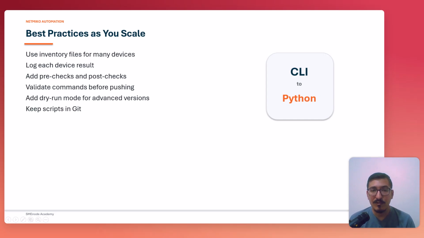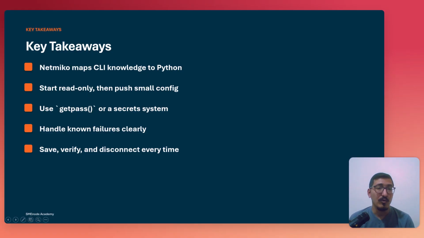Once the one-device version works, don't just paste more device dictionaries into the same file. Move devices into an inventory file, log each result, add pre-checks and post-checks, validate the commands before pushing, and later add a dry-run mode. That's how a demo script grows into a useful operational tool.